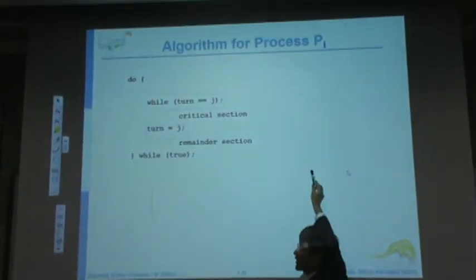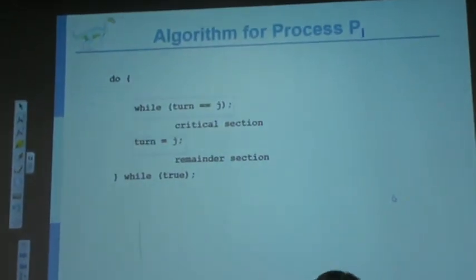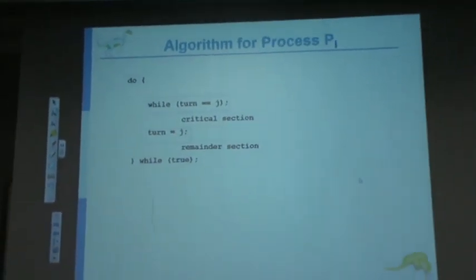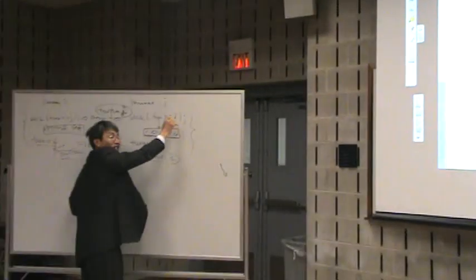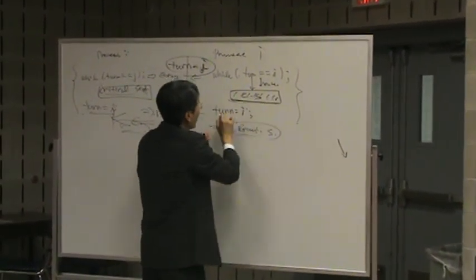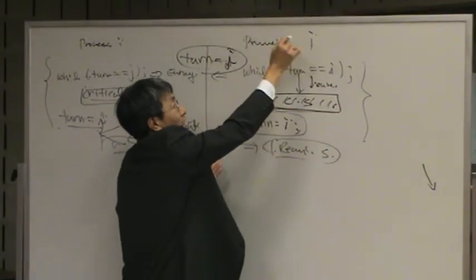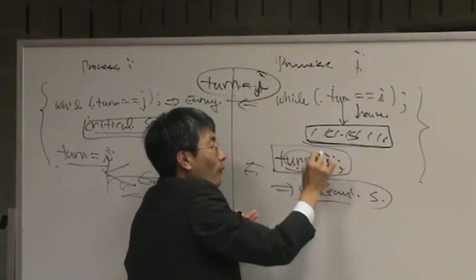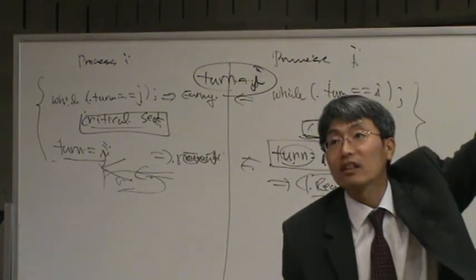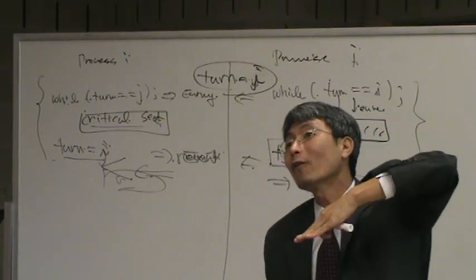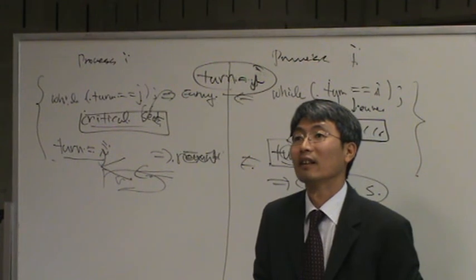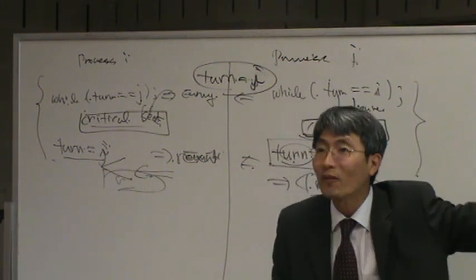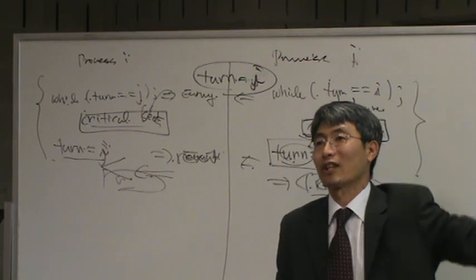Right now this is process I. Process J: the default value of turn is J. Then J can enter because it's not I. Once it is done, when process J exits, it changes the turn value to I. Then it's not J, which means you can exit the while loop and enter the critical section. So that code is correct. Yes, it's correct, but it's not perfect in terms of the synchronization problem. We will see why.